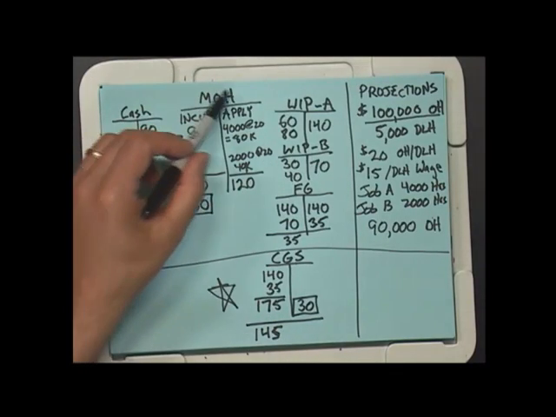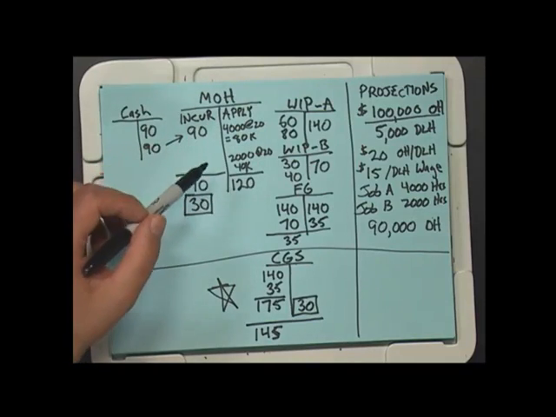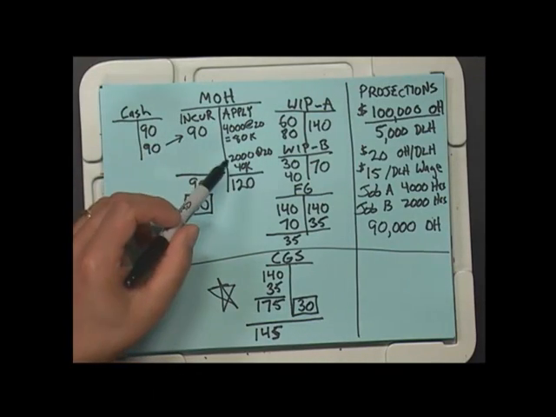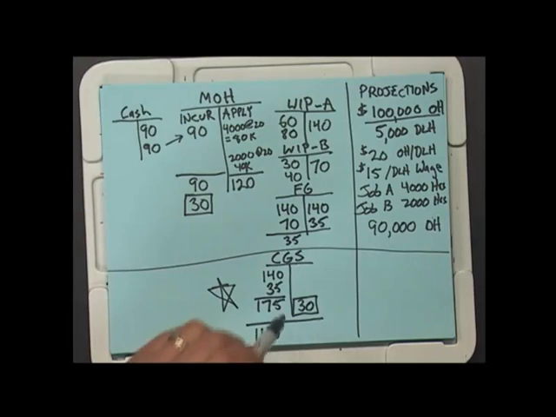It's called closing out. We closed out the manufacturing overhead account to give it a zero balance and made whatever entry we had to make to cost of goods sold to balance that entry.